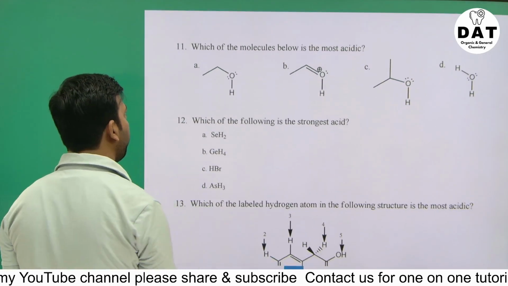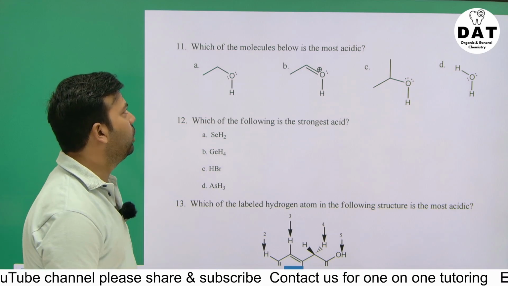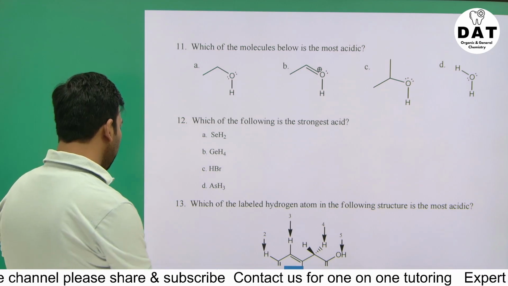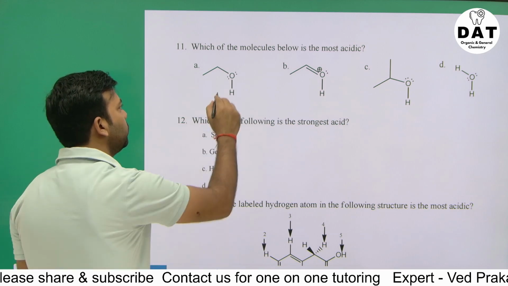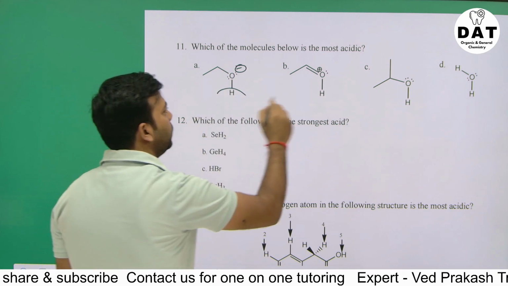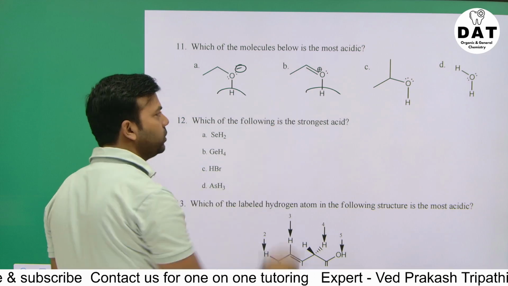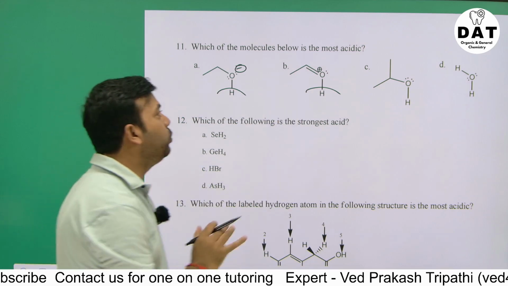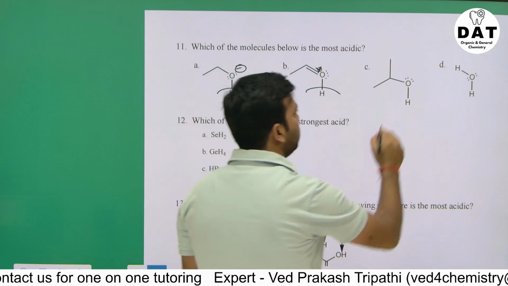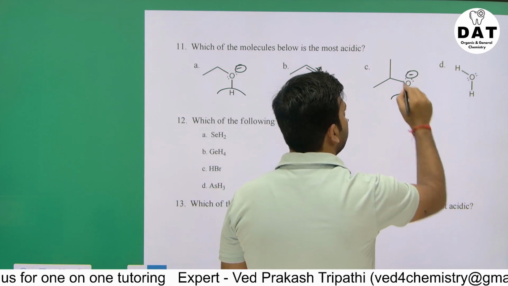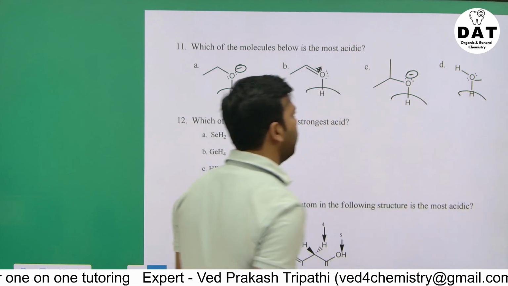Which of the following molecules below is the most acidic? Again, we are going to generate its conjugate base by removal of a hydrogen. So this hydrogen, O negative, this hydrogen, listen, this is already positive. So once you remove the hydrogen, it will be neutral, no charge. Cancel out this, just a lone pair. This H plus, O negative, this H plus, O negative.